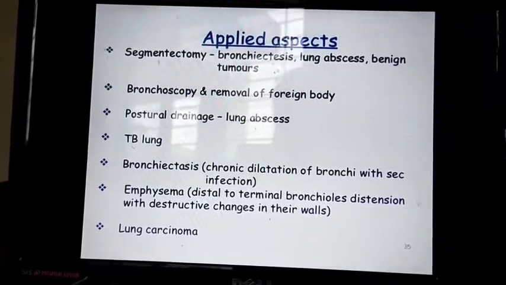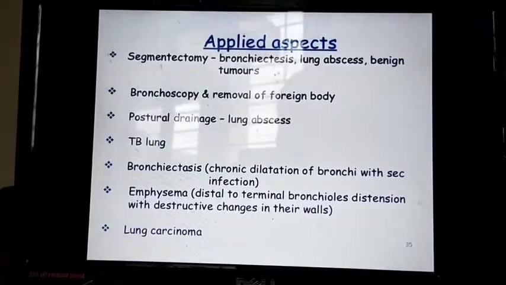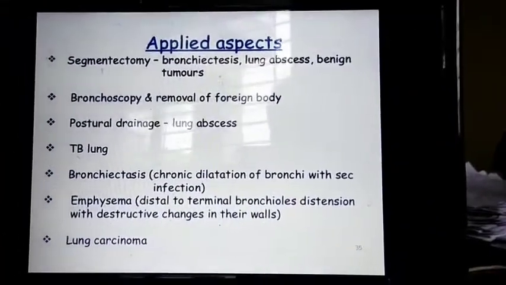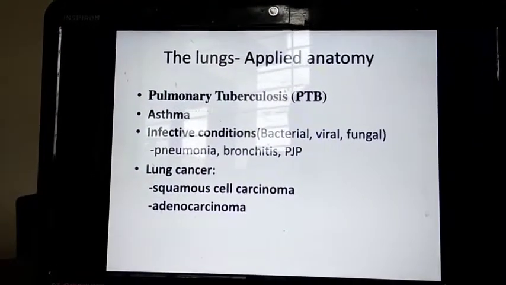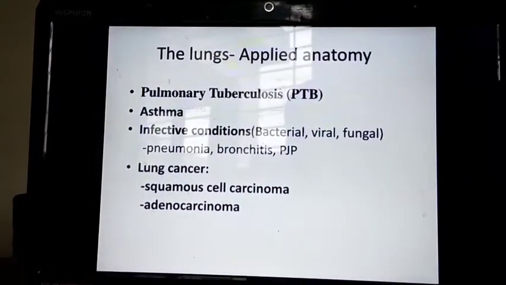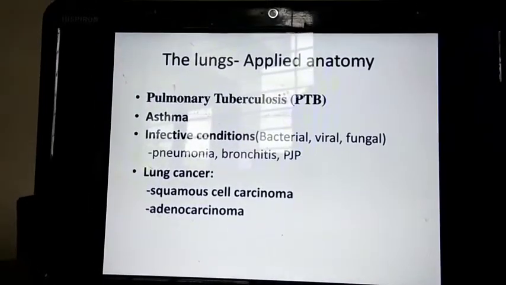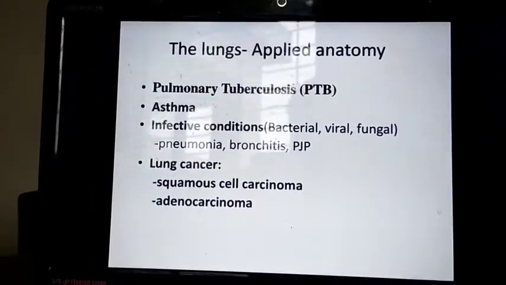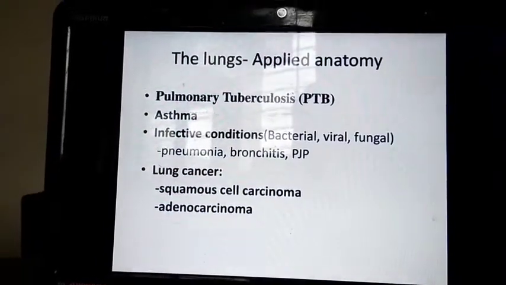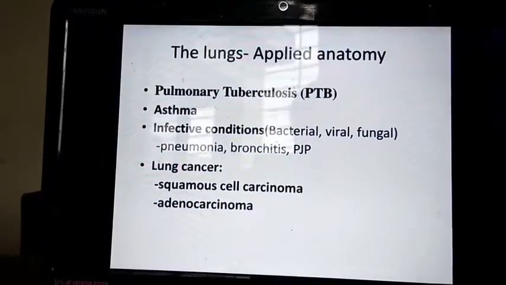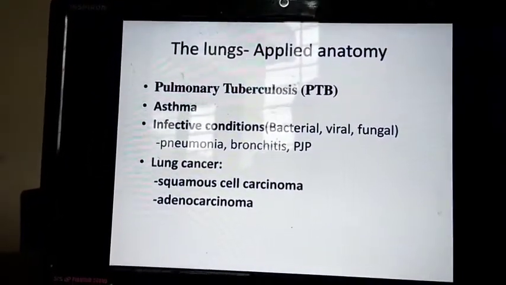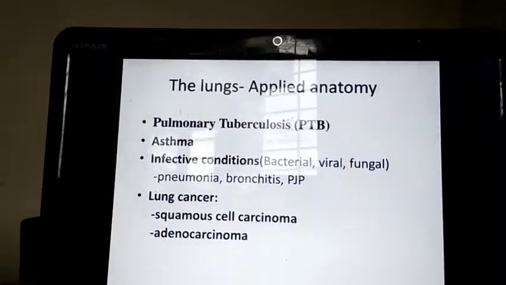There is a loss of elasticity and surfactant. Then lung carcinoma, pulmonary asthma, and infective conditions like pneumonia, bronchitis, bronchiectasis, which may be bacterial, viral or fungal. Lung cancer can be squamous cell carcinoma or adenocarcinoma.